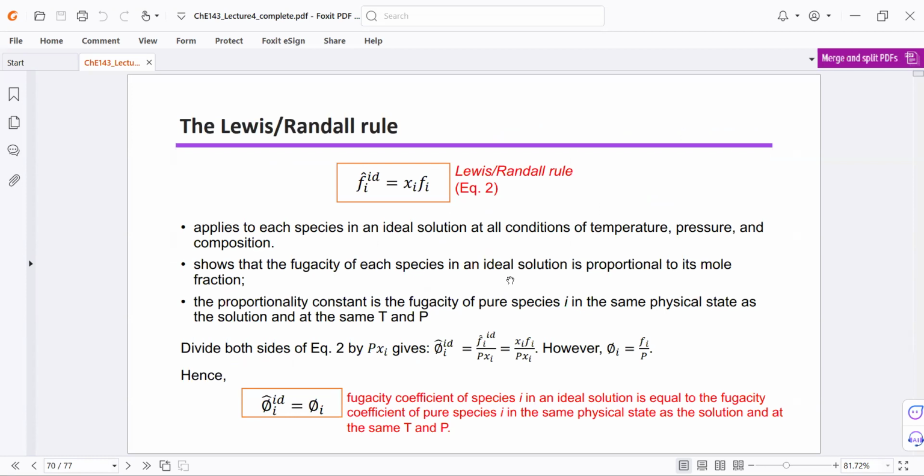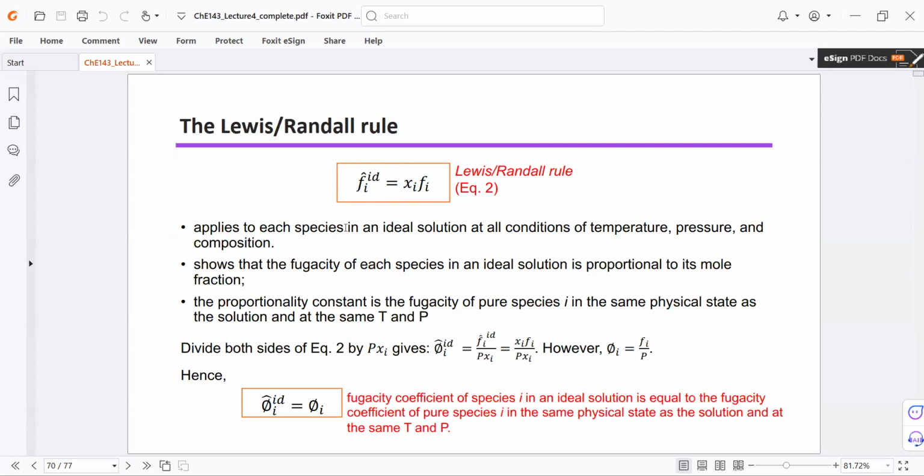Next, let me introduce the Lewis-Randall rule. Okay, so for the Lewis-Randall rule, this is the equation, which is the fugacity of the species in the ideal solution, and that is represented by f hat sub i, if you will remember.